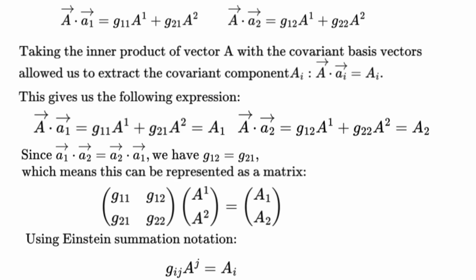Taking the inner product of vector A with the covariant basis vectors allowed us to extract the covariant component A_i: A dot a_i equals A_i. This gives us the following expression. Since a1·a2 equals a2·a1, we have G12 equals G21, which means this can be represented as a matrix.